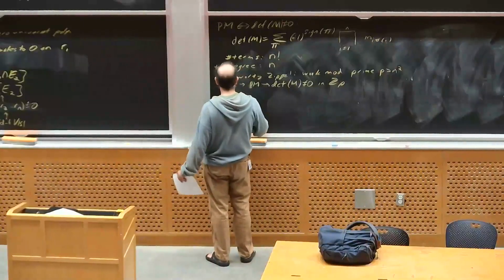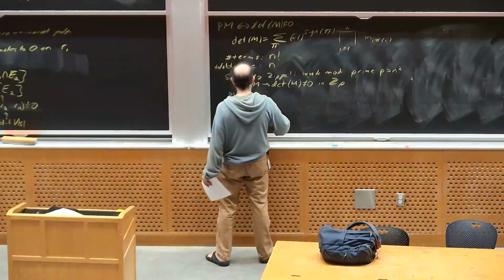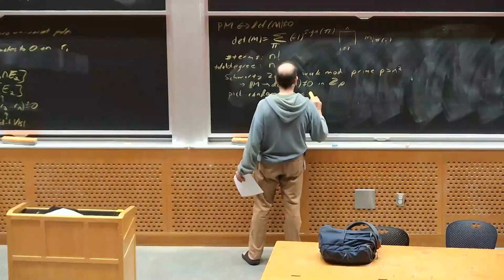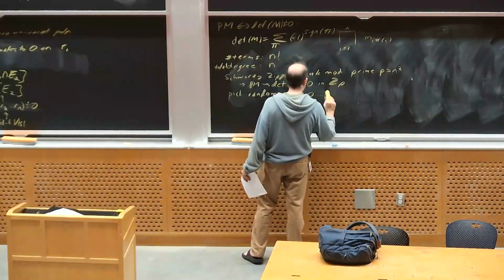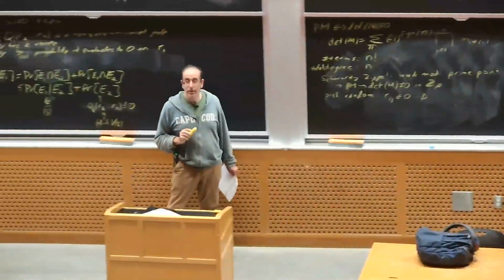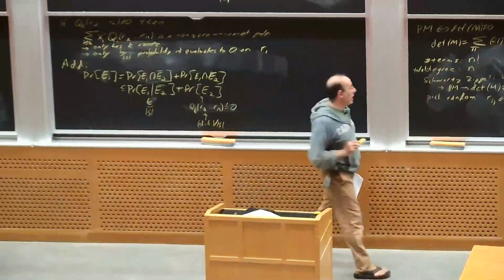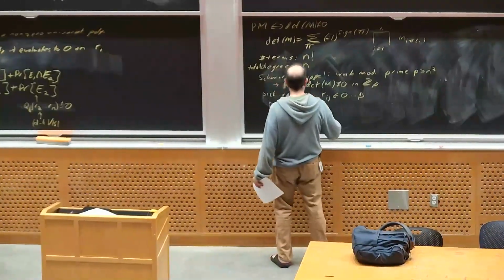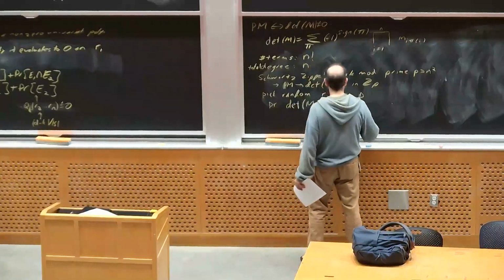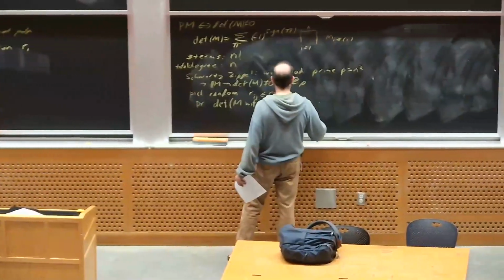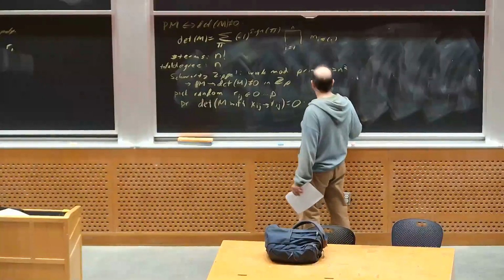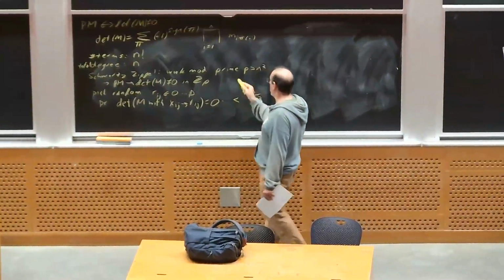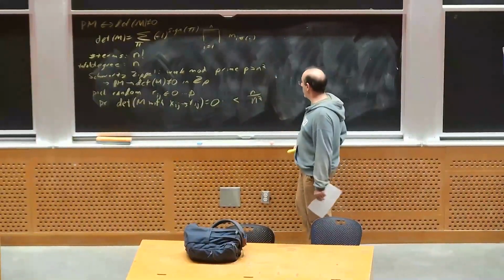So now if I pick random values r_ij from that range, 0 to p, then the probability that the determinant of M with x_ij replaced with r_ij is equal to 0 is at most the total degree, which is n, divided by my range, which is bigger than n squared.